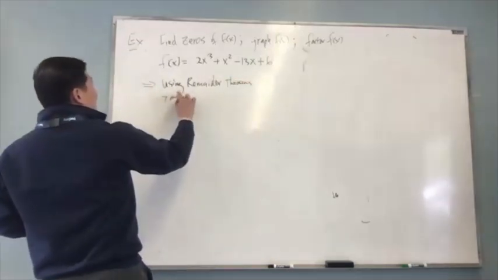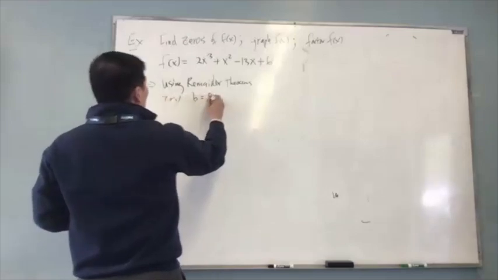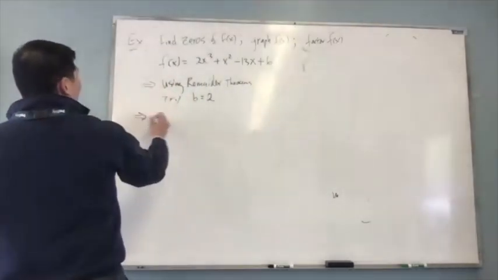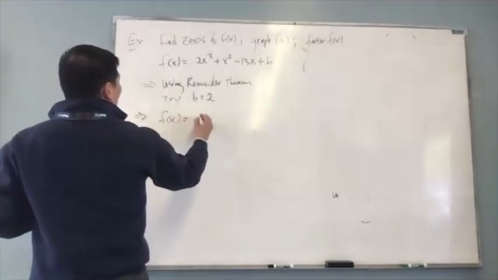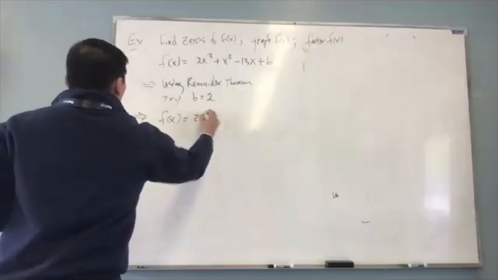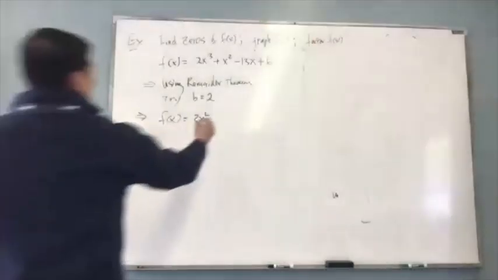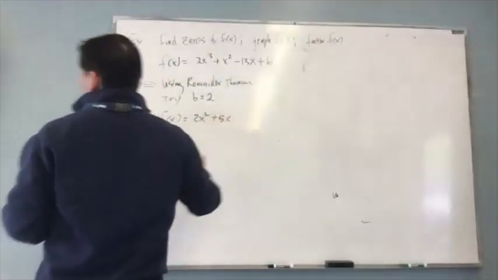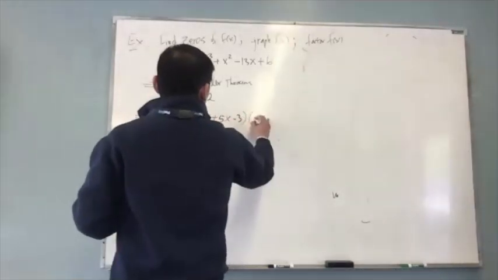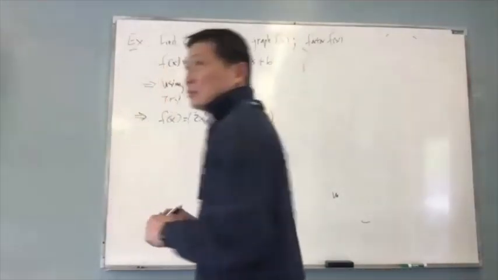Try b equal to 2, and since it works, we end up with f of x is equal to 2x squared plus 5x minus 3 times x minus 2.